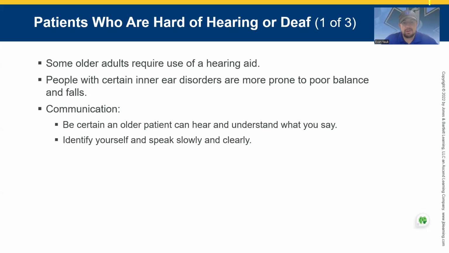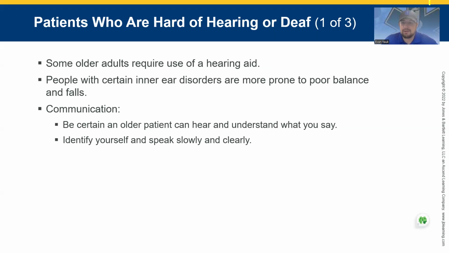Some older adults require the use of hearing aids. People with certain inner ear disorders are more prone to poor balance and falls. It affects our equilibrium. So sometimes they're more wobbly. Communication. So be certain an old person can hear and understand what you're saying.